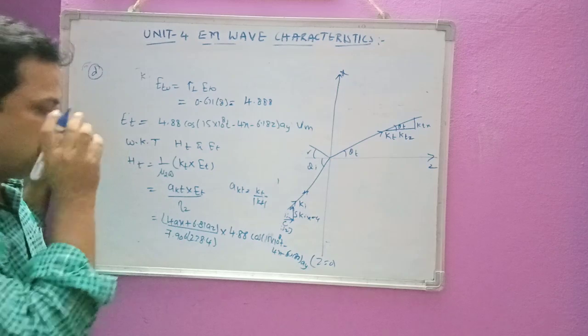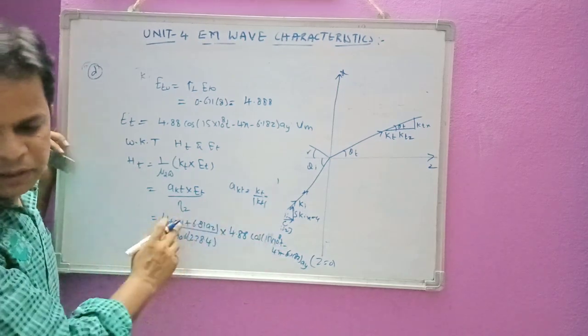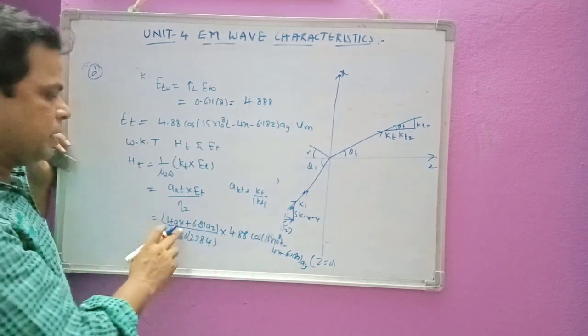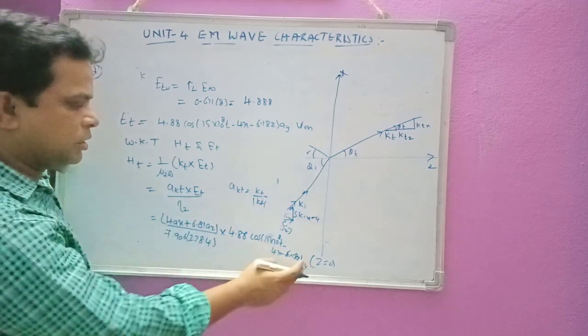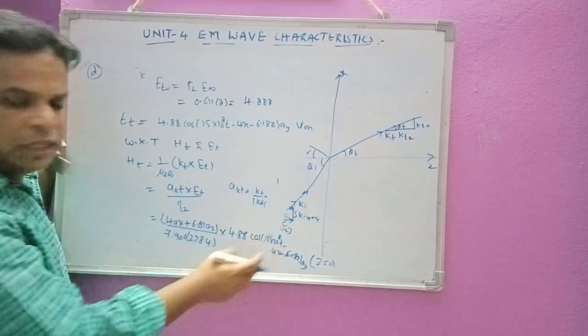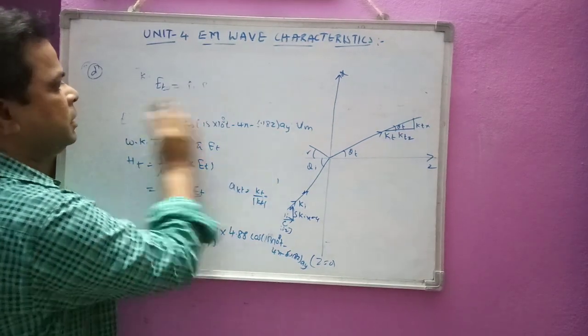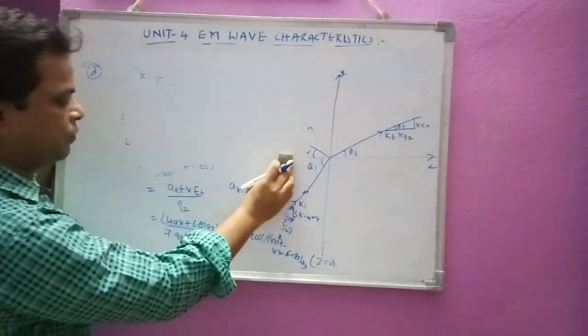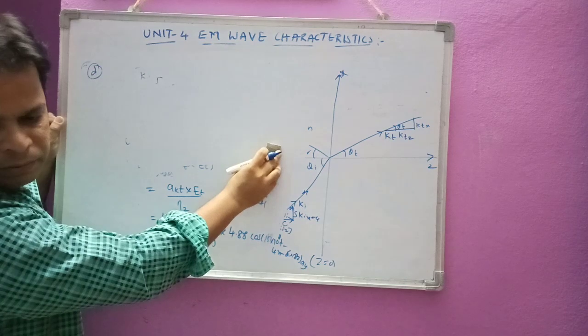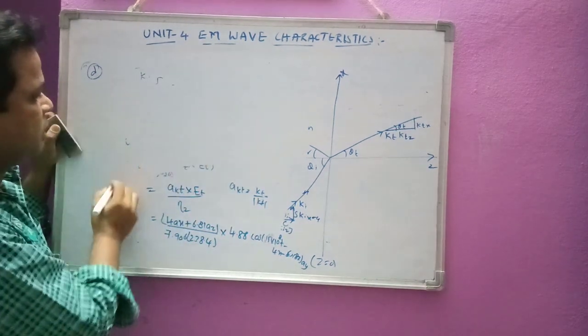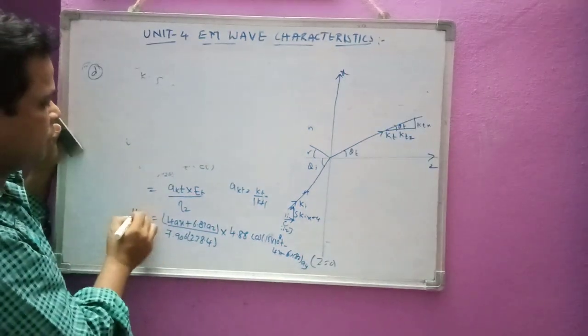So now we have to take the cross product here. Okay, now we will get ax cross ay is az, az cross ay is minus ax. Now I will erase this and write the final value of Ht. So this value is Ht here, and all this is what we have done for Ht.